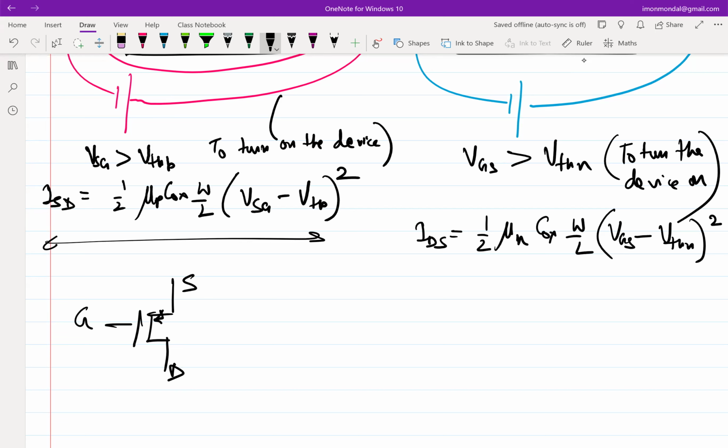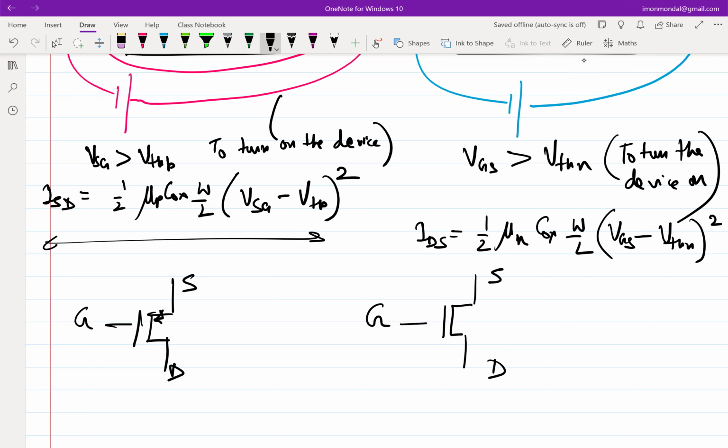Similarly, in this case also, we have the same structure. If I connect this to be the source, this the drain, this the gate, same as in the case of a PMOS, then the arrow should be connected to the source terminal.